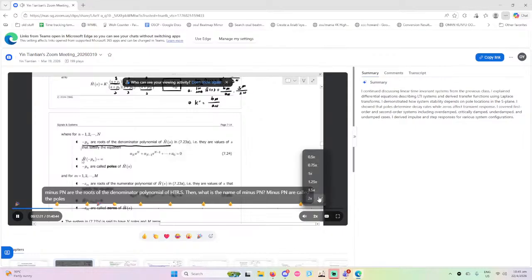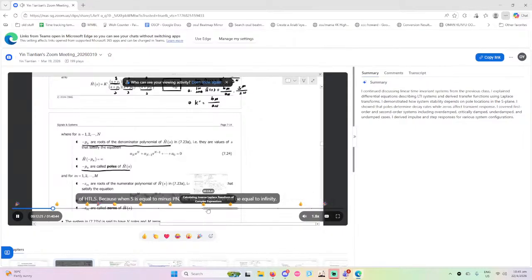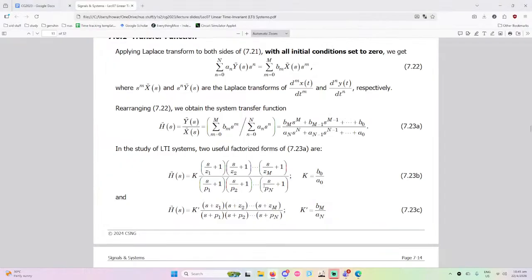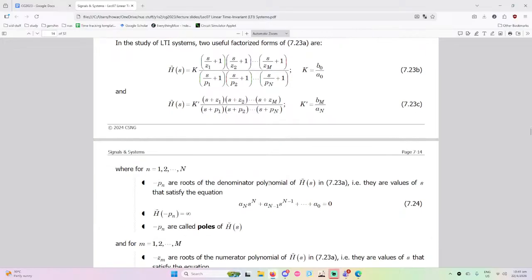What is the name of minus pn? Minus pn are called the poles of H(s) because when s is equal to minus pn, the transfer function will be equal to infinity. That's why minus pn is called the pole of the transfer function.